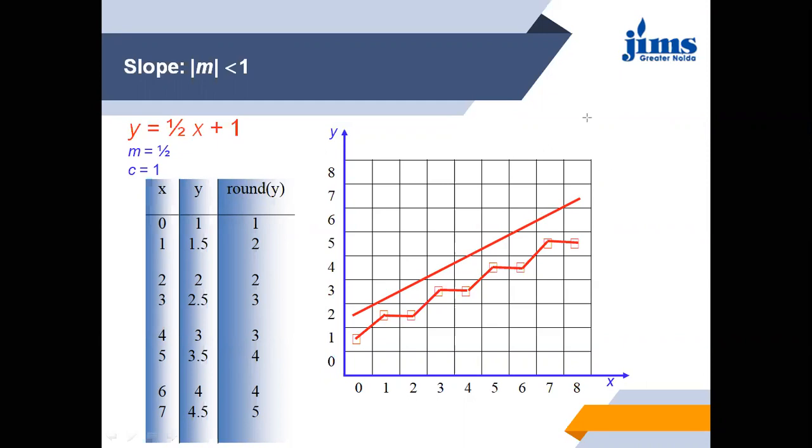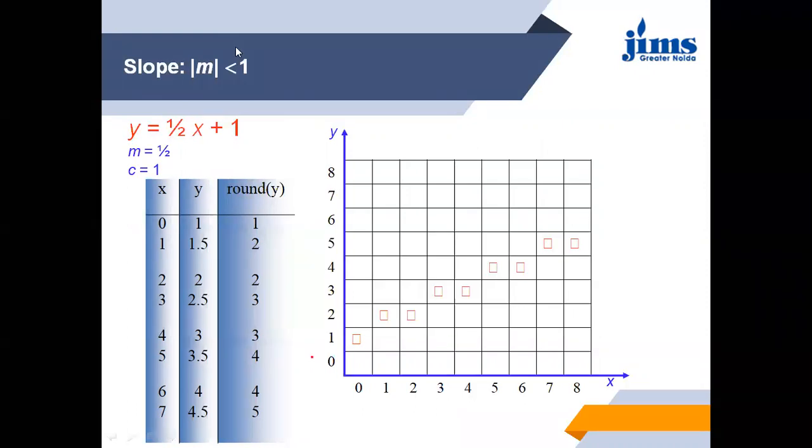When the value of m is less than 1, the same will happen when the value is greater than 1. When the value is greater than 1, in that case, every time we have to increase the value of y by 1, and we have to try to find out the value of x.